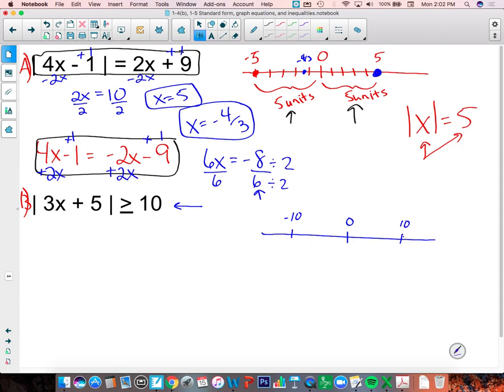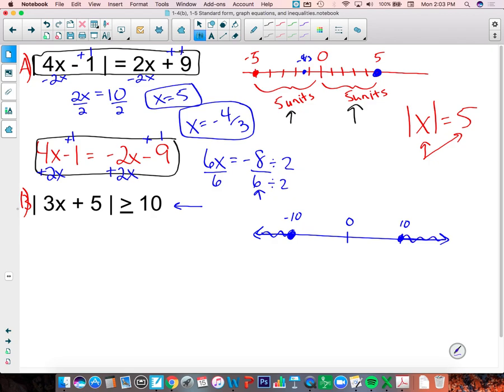Well, I know that it's going to be a filled-in circle, and greater than or equal to is going to the right. Okay? If I have this one going right of 10 because it's greater than or equal to, I know that it's going to be going the opposite direction for the other side. So I'll also have less than or equal to negative 10. Okay, and I kind of do squiggly lines so you can see it a little bit better.